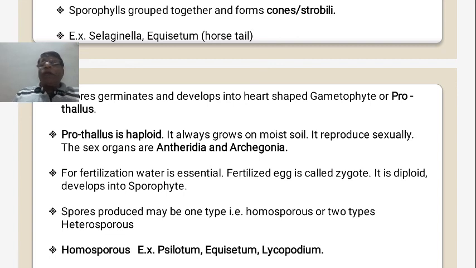Give examples for homosporous: Equisetum, Psilotum, Lycopodium. Psilotum is a very primitive pteridophyte.